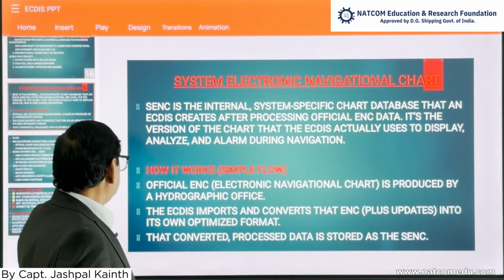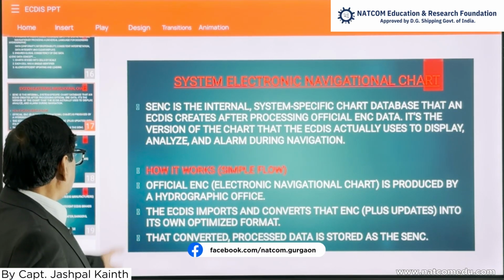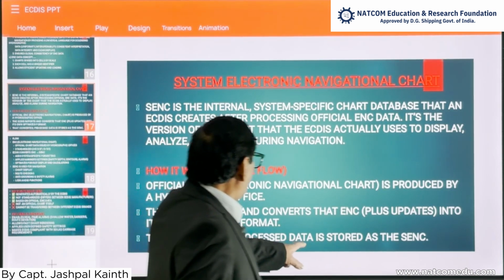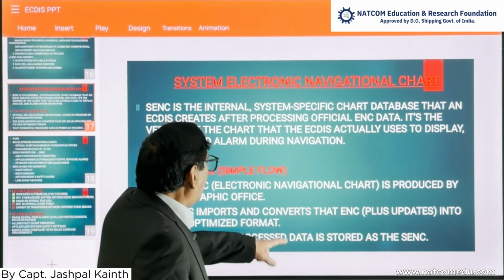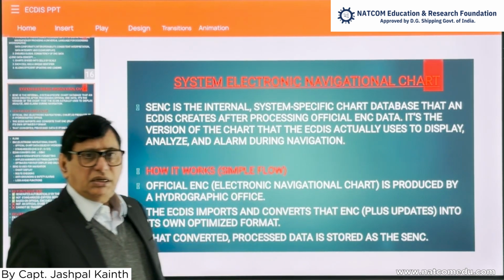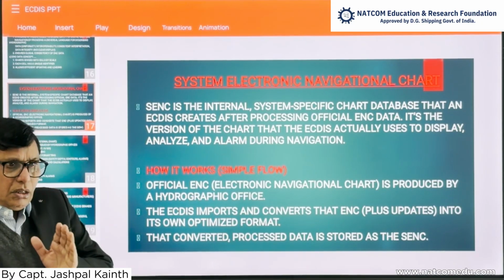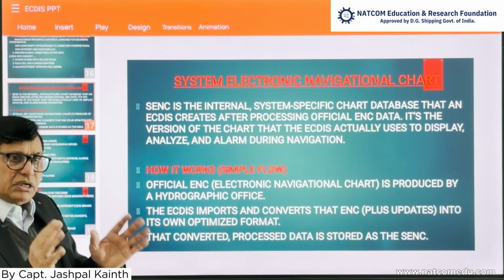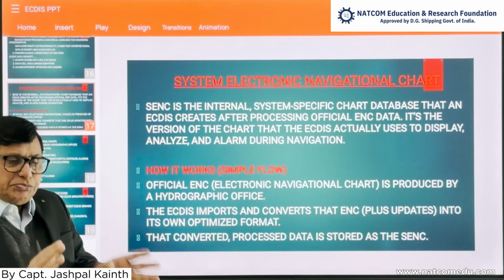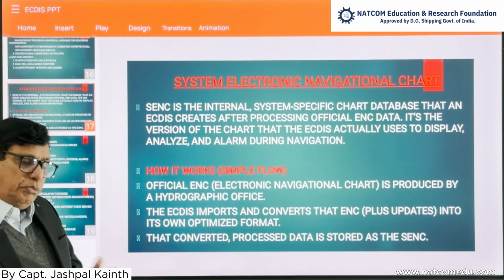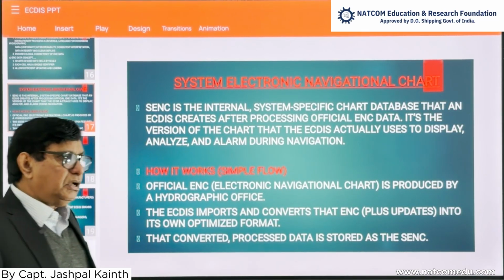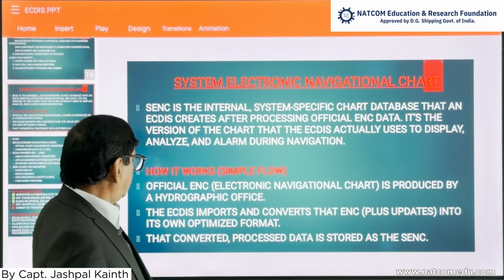And the last is it converts, processes the data, and stores it in the SENC. That means the SENC already has some information with respect to your ENC, which converts into a chart when you display it on the ECDIS.